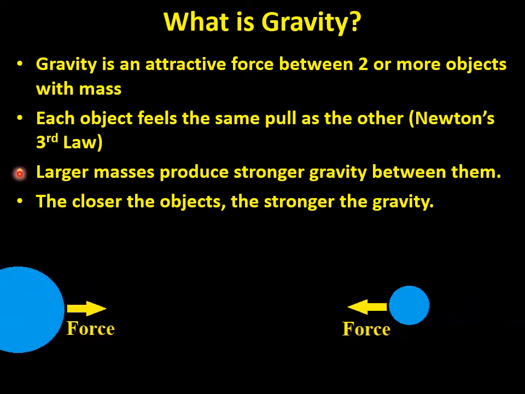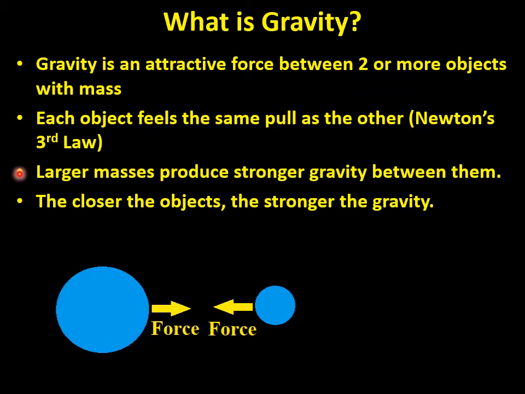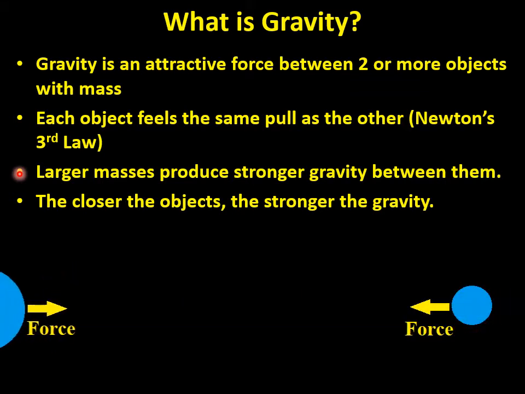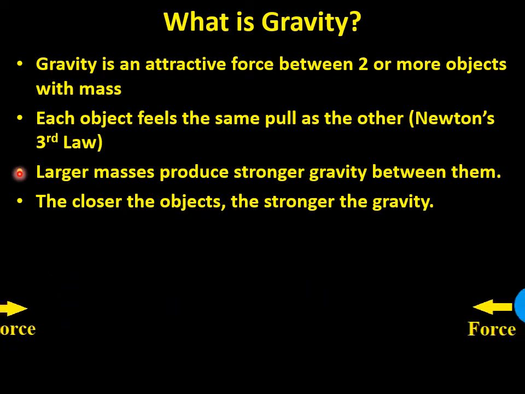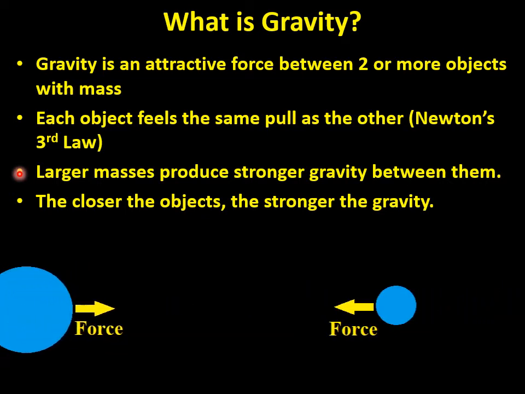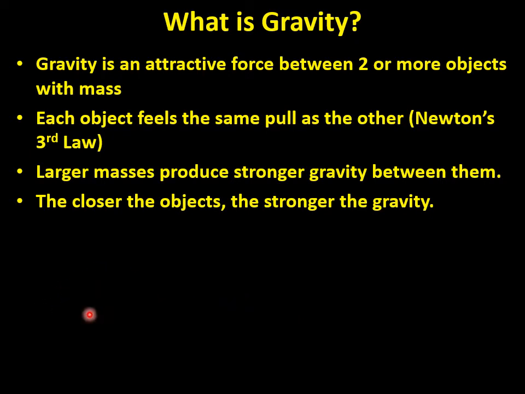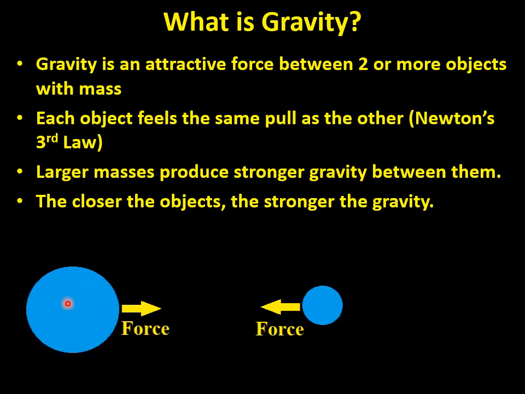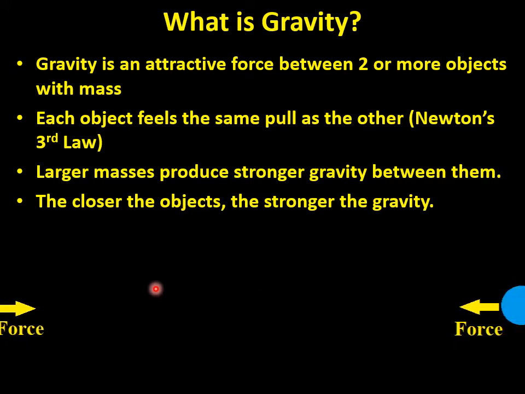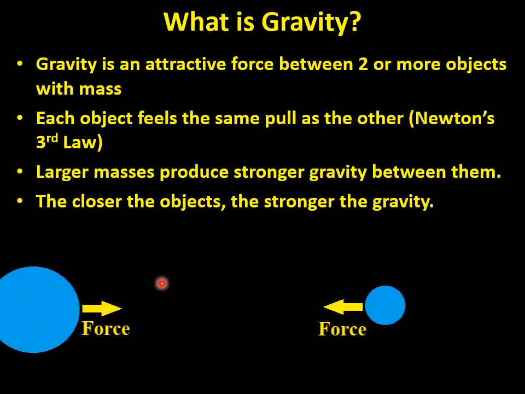One of the characteristics of gravity, and we're going to look at this in more detail in the next slide, is that the larger the mass, the stronger the gravity produced by that mass. So again, the amount of gravitational attraction between these two objects is going to depend on both masses multiplied together.